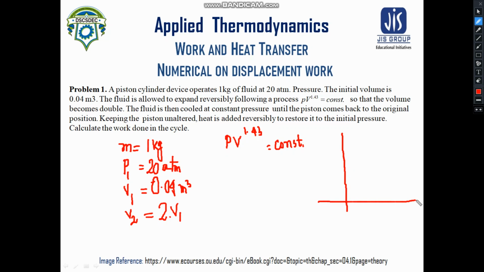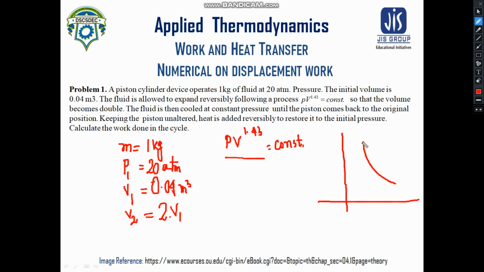Until and unless I show you the thermodynamic diagram, it will be very hard for you to understand the problem. This is the first process, which follows PV to the power 1.43 equal to constant.